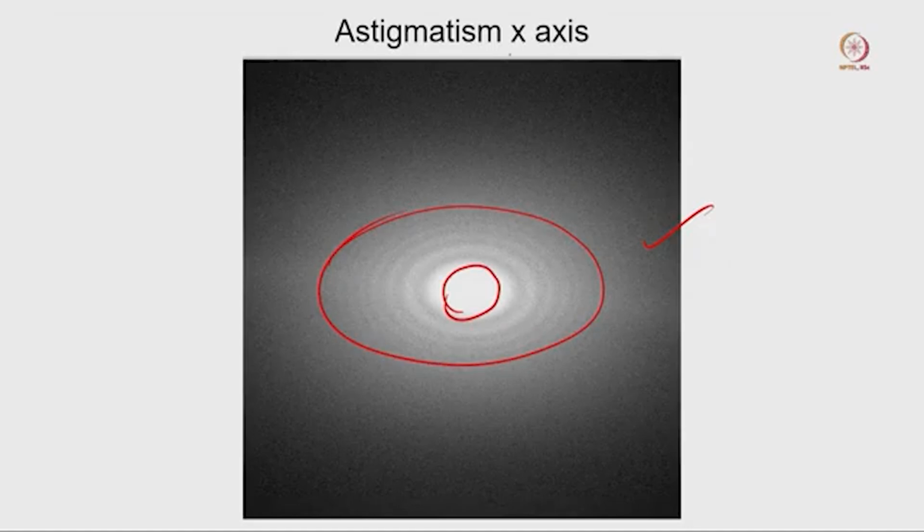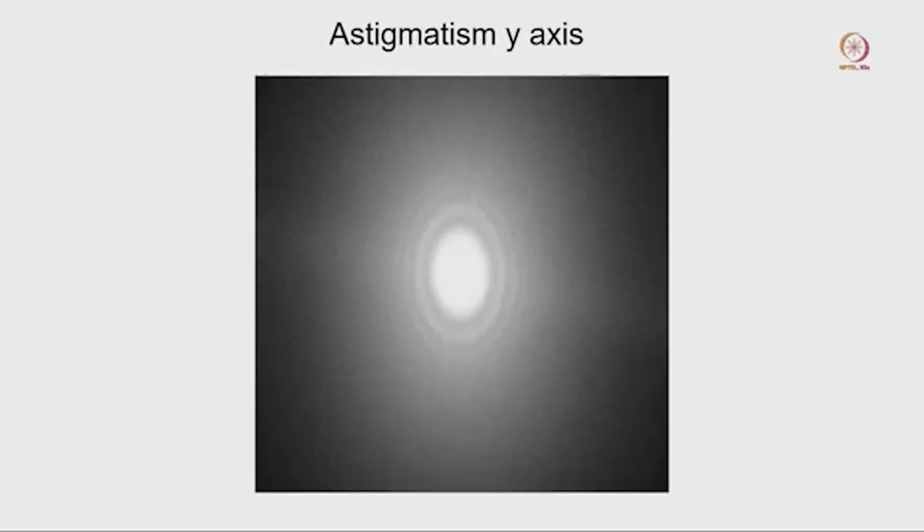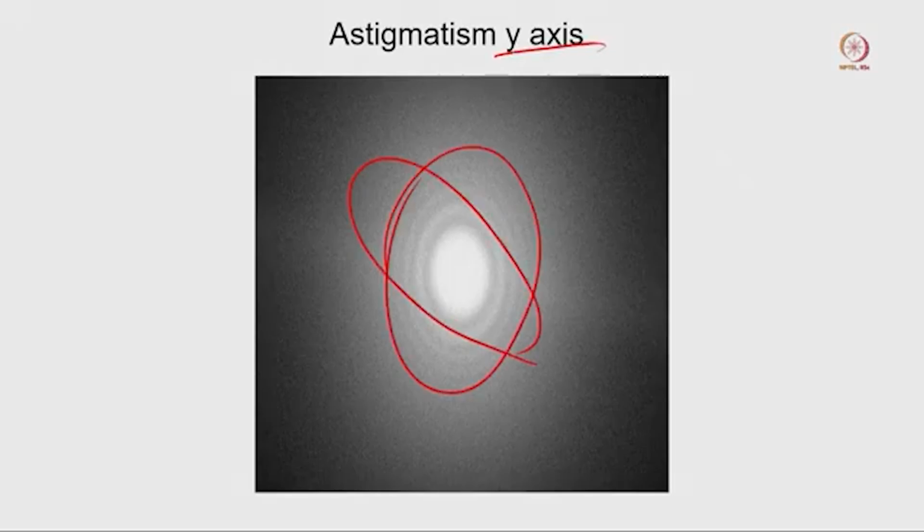So this has some astigmatism in the x direction, and here there is some astigmatism in the y direction. Sometimes you can see an elliptical shape of the power spectrum diagonally also. This is called astigmatism. It happens when lenses and magnetic fields are not symmetric, and we get this kind of power spectrum, and we can correct that using the stigmator.